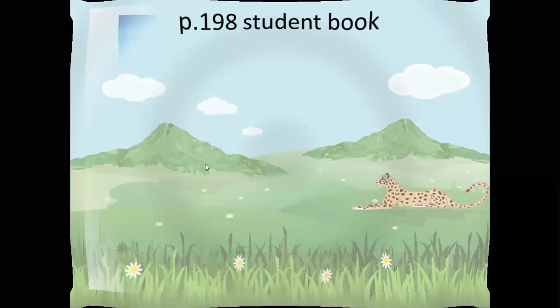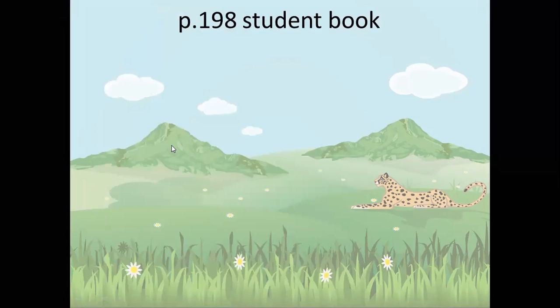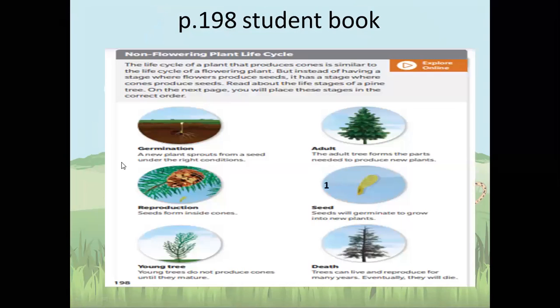Let's move to page 198. In page 198, we are going to order the life cycle stages of the non-flowering pine tree. If we start with the seed, what will happen next? Seed will germinate. Excellent. After germination, it gives us a young tree and then an adult tree. Then these adults produce cones, so it can reproduce by forming seeds inside the cones, and eventually it will die.